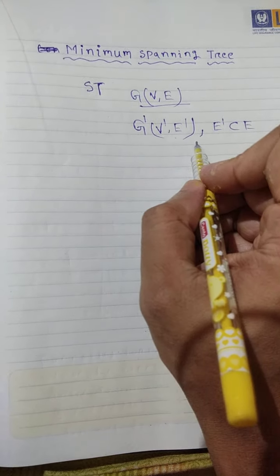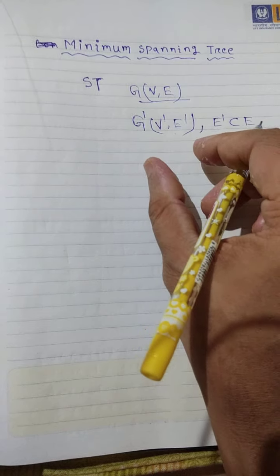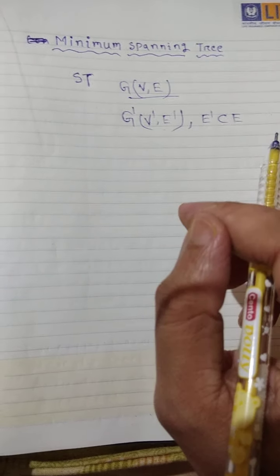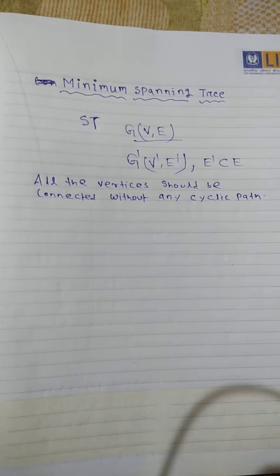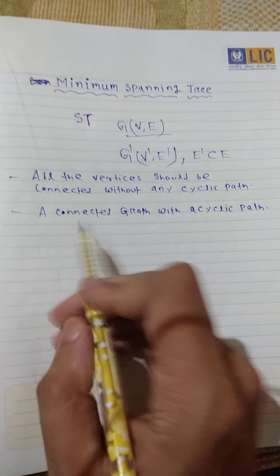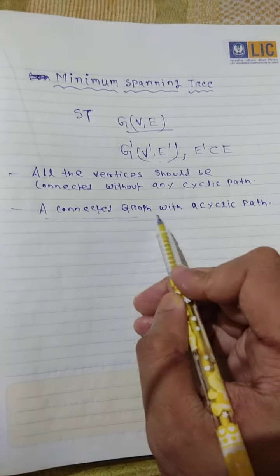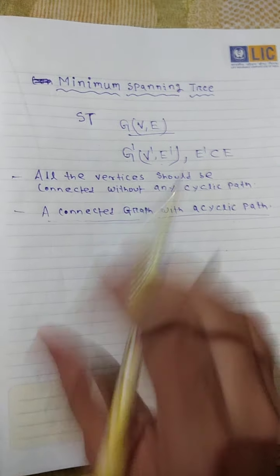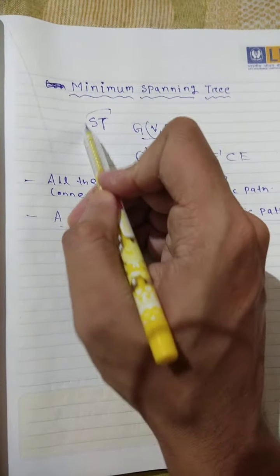In this graph, all the vertices should be connected without any cyclic path. In general, a spanning tree is a connected graph with an acyclic path. So this is your spanning tree.